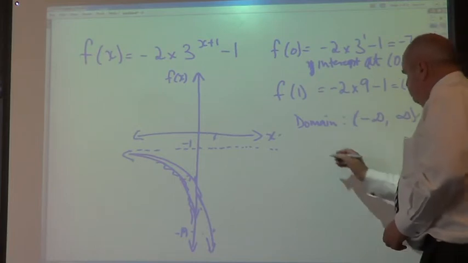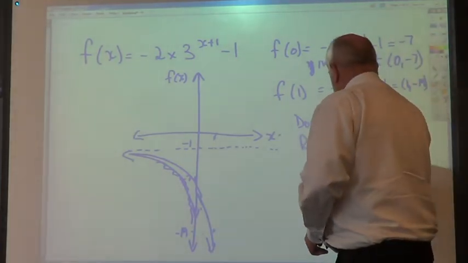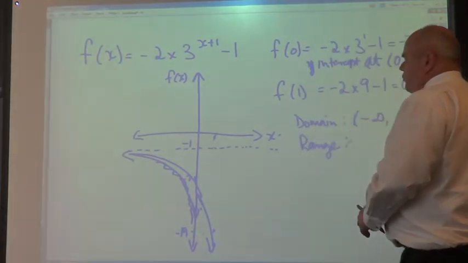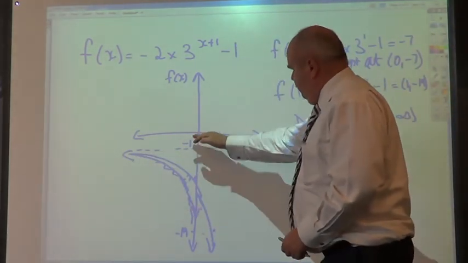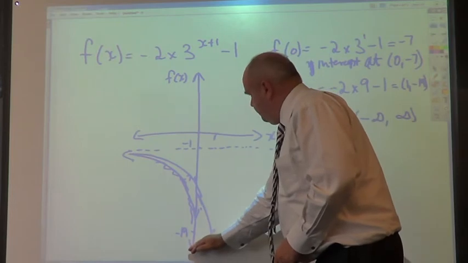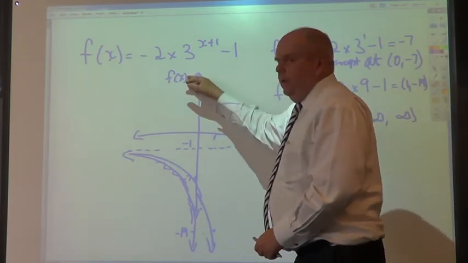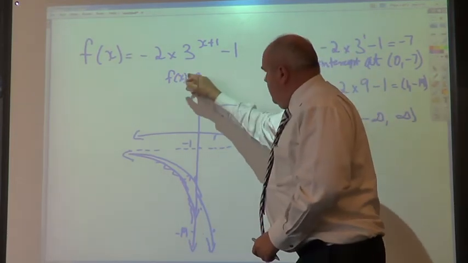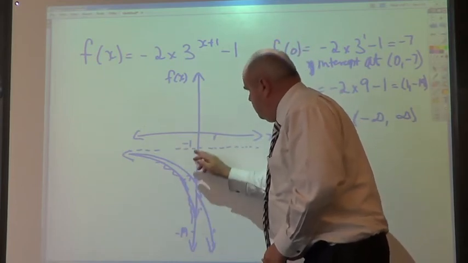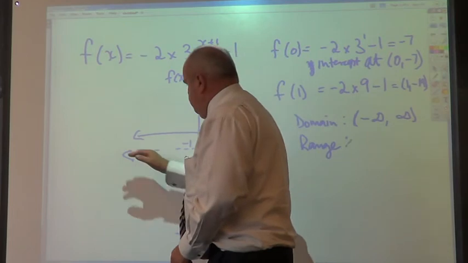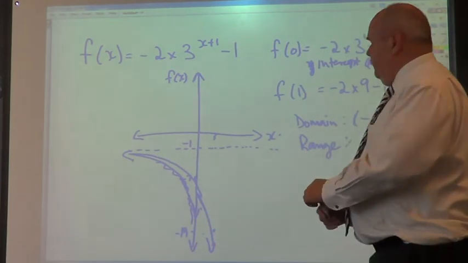The range, however, well, that's easy to tell from our sketch. Our range can take on any value less than negative 1. Okay? So you're always looking at the y-axis to sort out what your range is. And it can be anything from negative 1, can't be negative 1 itself because that's an asymptote, down to negative infinity.